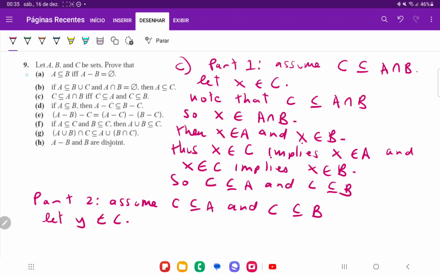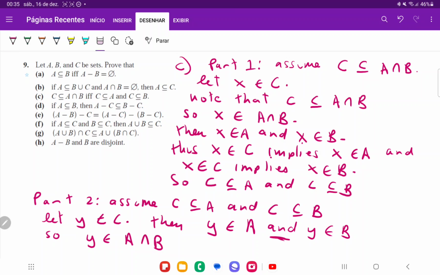So because C is a subset of A and C is a subset of B, then Y belongs to A and Y belongs to B. So Y belongs to A intersection B, because by definition, right? Because of this "and".